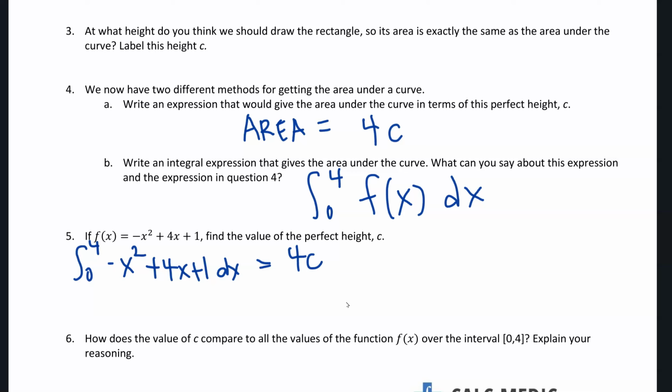All right, so if you integrate this with respect to x, that'll be what? Negative x cubed over 3 plus 2x squared, plus an x, and evaluate it from 0 to 4, and then that's going to be equal to 4c.